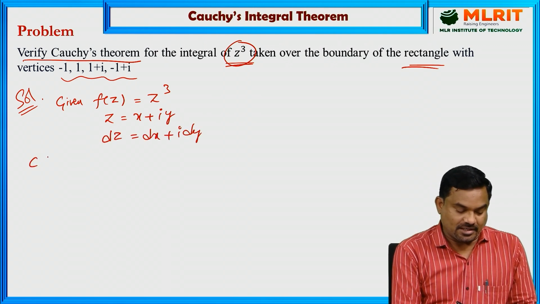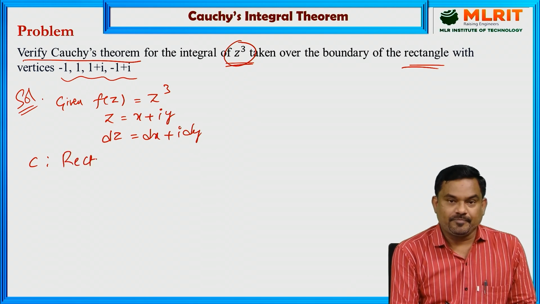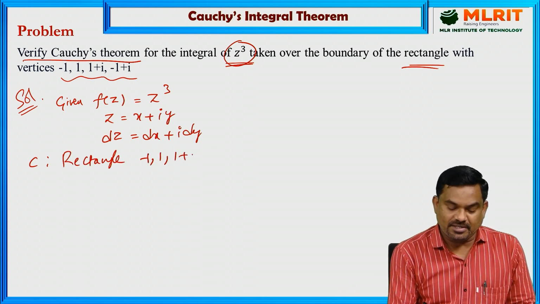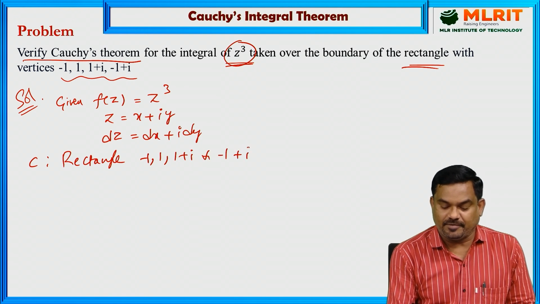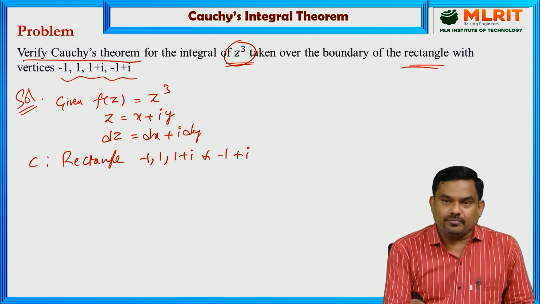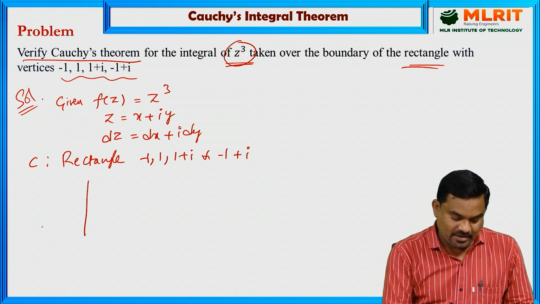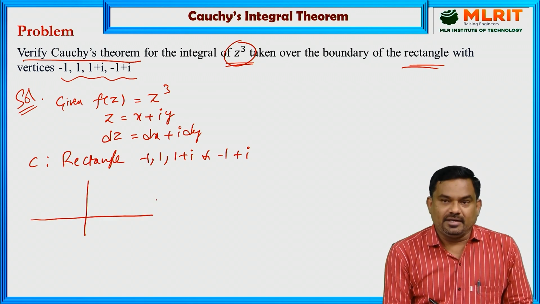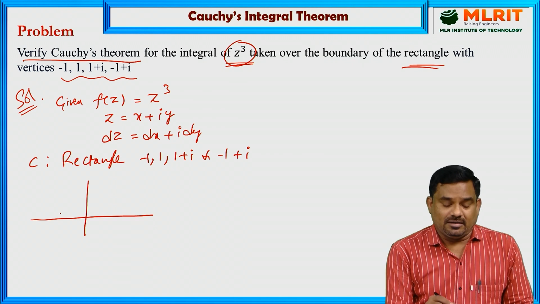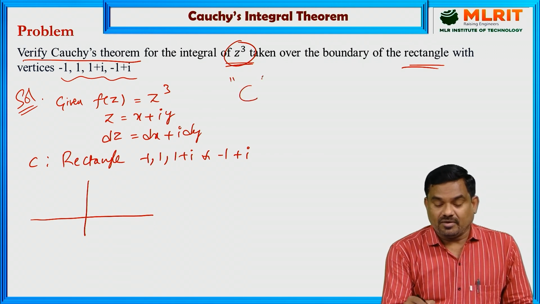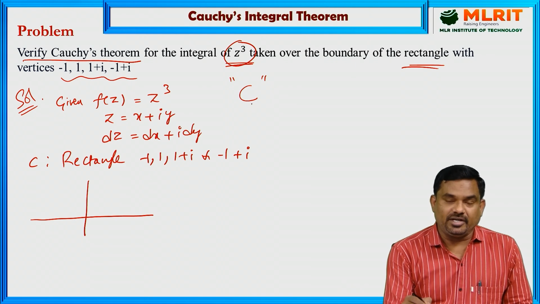Next, the curve C is the rectangle with vertices -1, 1, 1 plus i and -1 plus i. If we draw this rectangle, then we can identify the region or the lines along which we need to integrate.